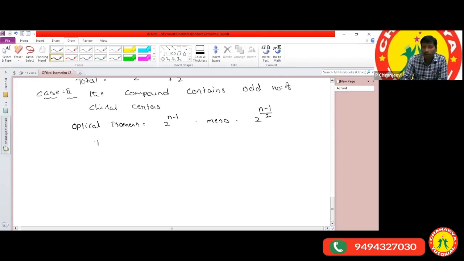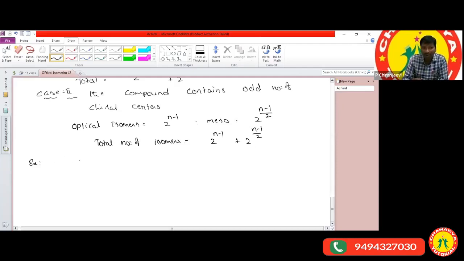Hence the total number of isomers is equal to 2 power n minus 1 plus 2 power n minus 1 by 2. So by using these formulas, we are going to calculate the total number of isomers. Clear? Now based on that, I'll give one example to you.